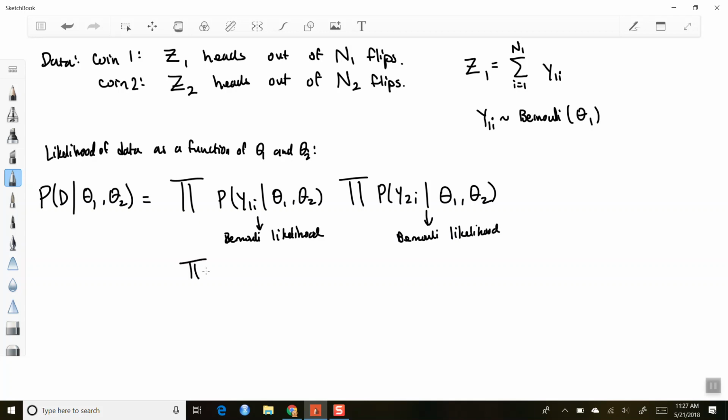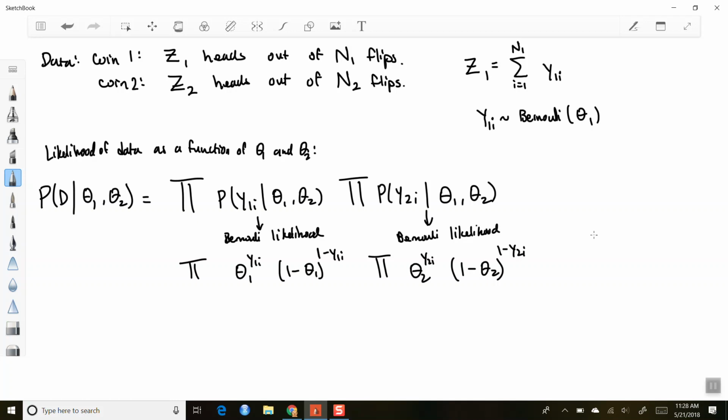So here we get the product of, since y1 sub i is just going to be 1 or 0, theta 1 raised to the y1 sub i times 1 minus theta 1 to the 1 minus y1 sub i, times the product of theta 2 to the y2 sub i times 1 minus theta 2 to the 1 minus y2 sub i.